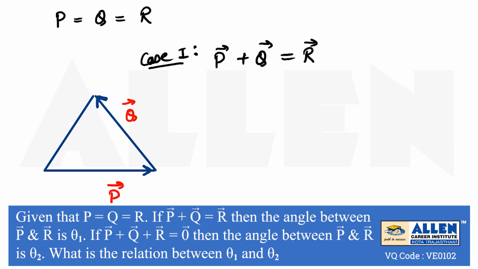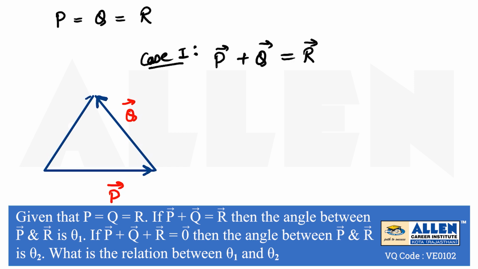Now the condition is P vector is added with Q vector, so P vector and Q vector should be drawn in the same order, and R vector is the resultant of these two vectors, so it should be drawn in opposite order. If the head of Q vector lies at this point, R vector will also have its head at this point only.